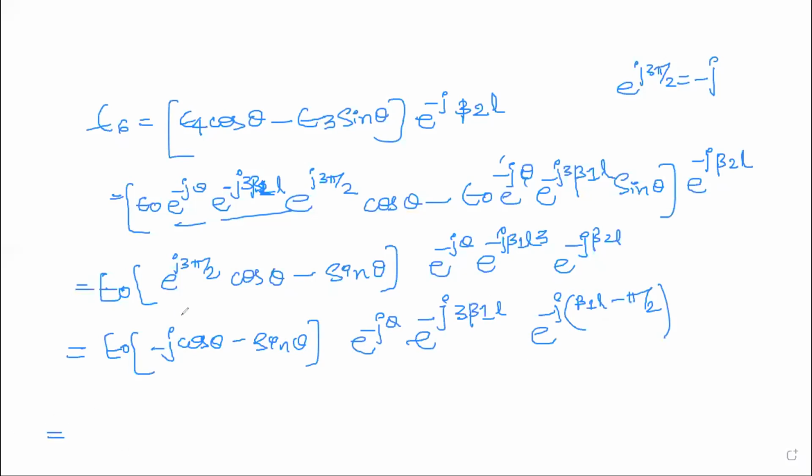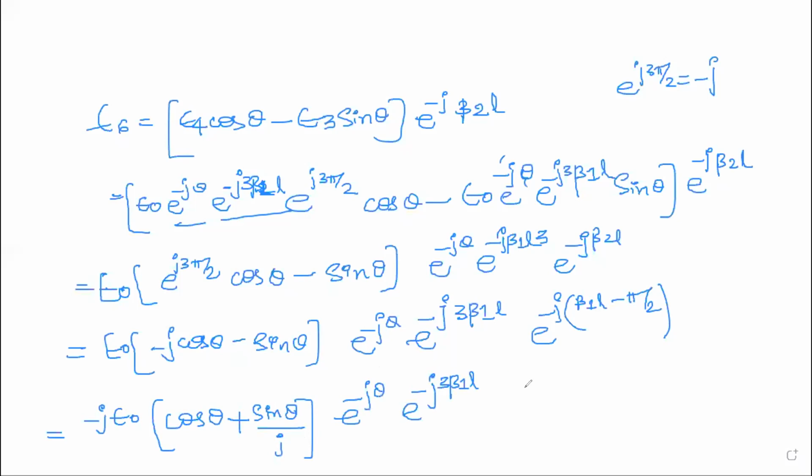So this equation we need in terms of cos plus j or cos minus j. So take out minus j outside. If you take it out, the remaining term will be cos theta plus sin theta divided by j, again e power minus j theta, e to the power minus j 3 beta 1L. This is e to the power minus j, split the terms, beta 1L, e to the power plus j pi by 2.